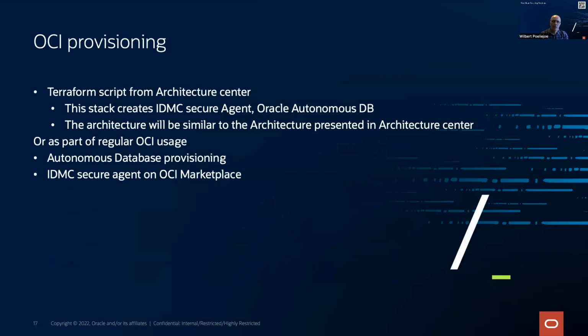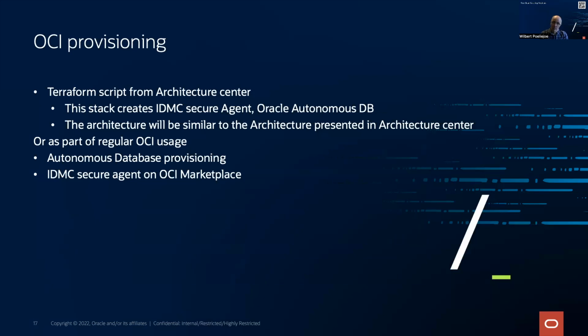The OCI provisioning, so the provisioning of the IDMC secure agent, but also the autonomous database, we can do that in, I would say, various ways. One of the ways of provisioning the whole stack at once is to use the Terraform scripts.